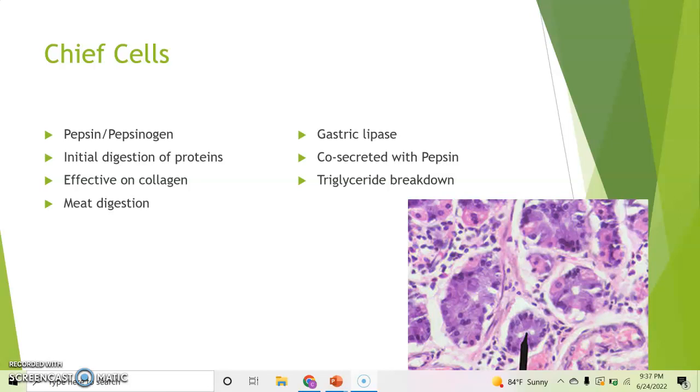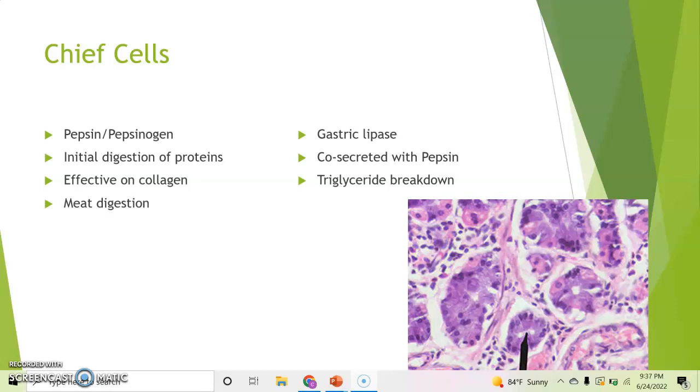Also, gastric lipase is co-secreted with pepsin. Lipase is an enzyme that helps break down triglycerides, or fat molecules. Although not very much fat digestion actually takes place in the stomach, only about 1/3.